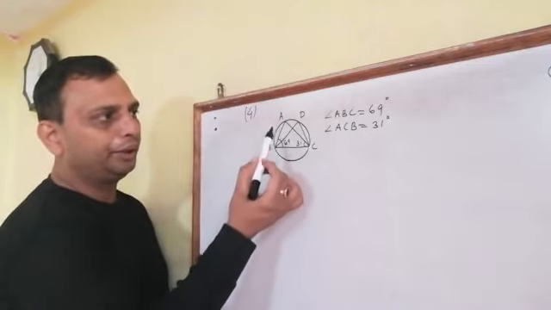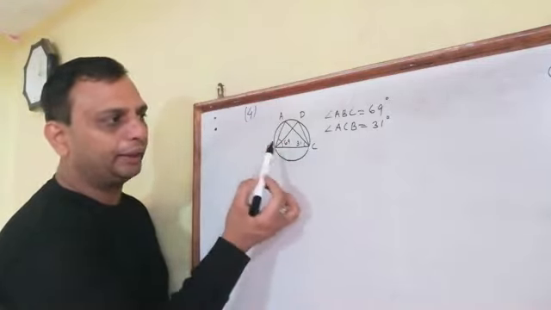Now, you can see angle ABC, this complete B is 69 as given in the question. ACB is 31 as given in the question.